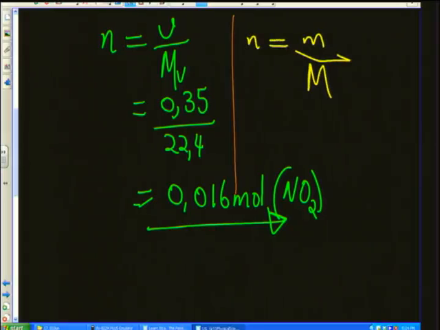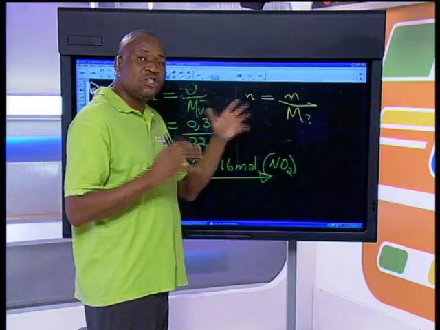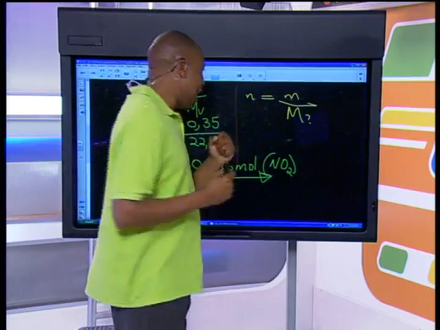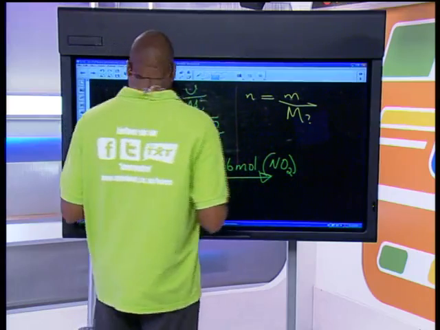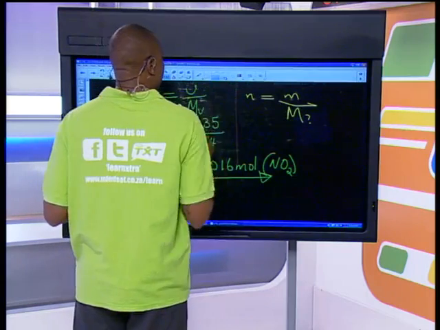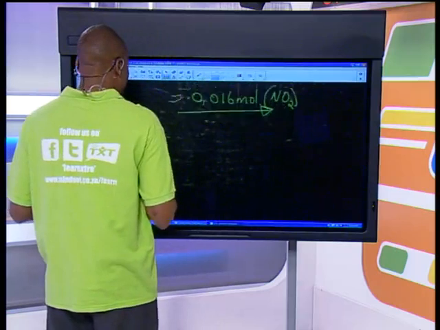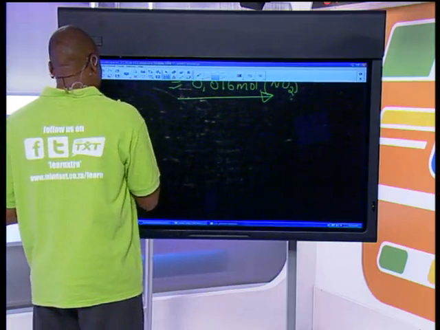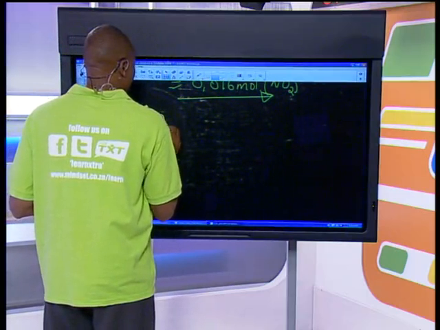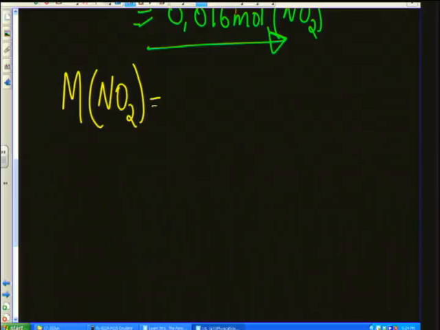Now, the question is, do we have the molar mass? We don't have the molar mass. We have to work it out. So there should be a way of us finding out what that molar mass is. And how do we do it? This is the molar mass of nitrogen dioxide, NO2.